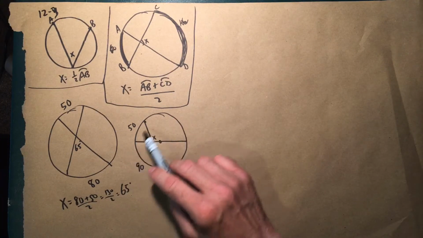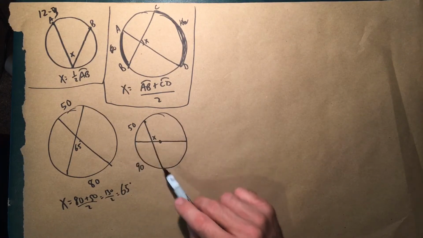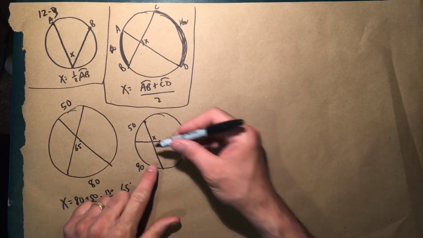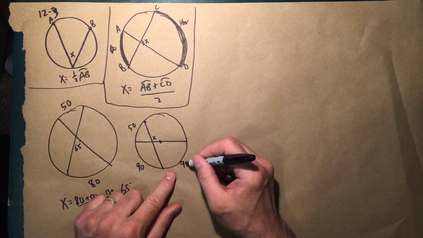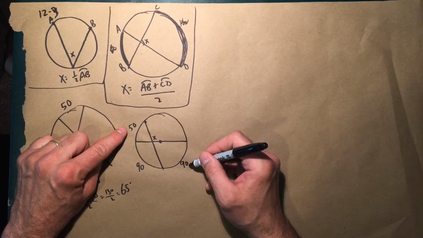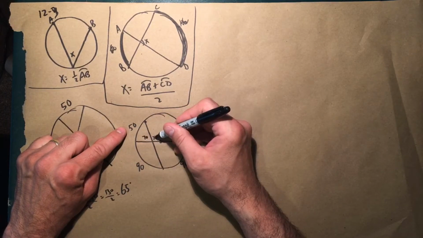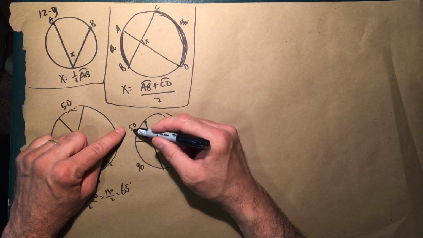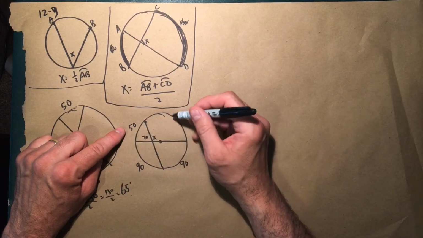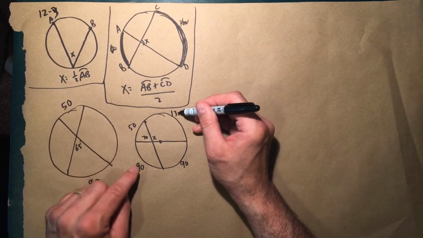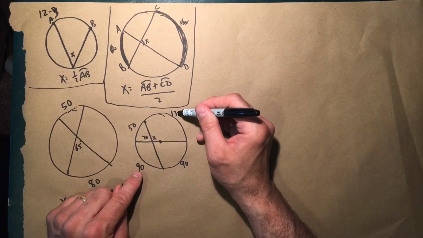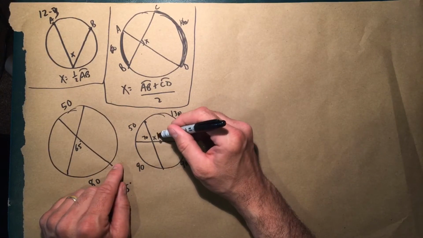Well, there's a couple things we could do. Since that's a diameter, that's 130, or since that's a diameter, that's 90. So you could put your 90 over here, and 50 plus 90 is 140, divided by 2 is 70. So now we know that's 110. Or 50 from 180 is 130, and 130 plus 90 is 220, divided by 2 is 110.